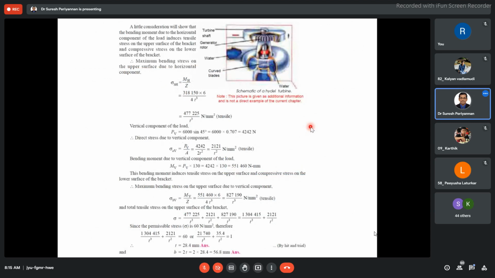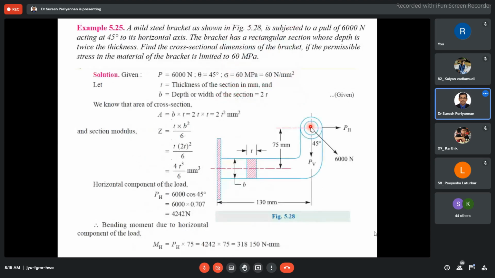Okay, first we finish this one by one. Now the bending moment. Here the horizontal force is given, and the vertical distance is given, because the force is acting offset from the axis of the bracket where the bracket is fixed to the support. Then there will be a vertical bending moment and a horizontal bending moment.